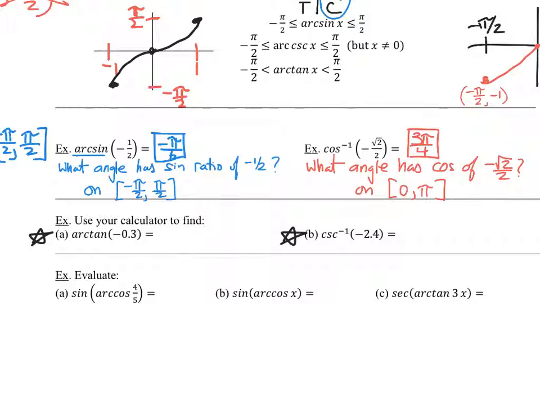Pi over 6, 2 pi over 6, 3 pi over 6, 4 pi over 6, which simplifies to 2 pi over 3. Okay. 5 pi over 6, 6 pi over 6, oh, 6 over 6 is 1. Okay, 7 pi over 6, 8 pi over 6. Oh, that's wrong. 9, 10, 11. Can't you get half a point for simplifying? No. Oh, okay. Sorry. That's okay.